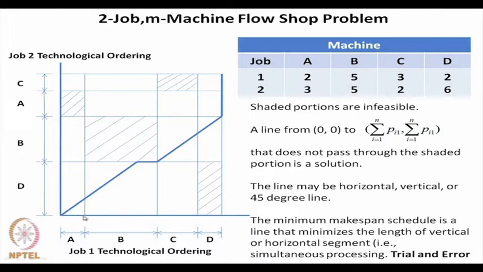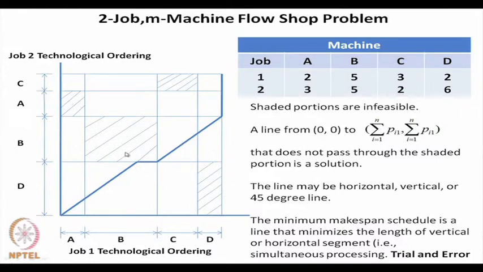Similarly, when machine B is working on job 1, then it cannot work on job 2. So, this is an infeasible area. Similarly, C and C, this also is an infeasible area, and D and D, this is an infeasible area.